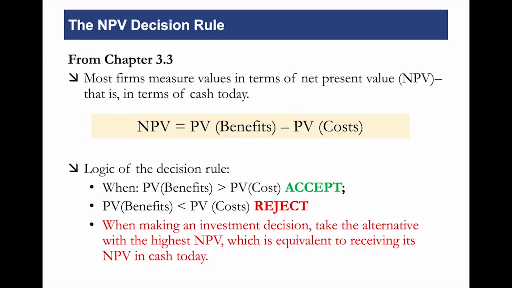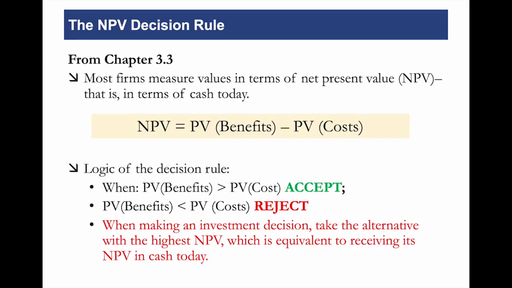So the logic behind this rule is that we accept the project when the present value of the benefits is greater than the present value of the costs. This will give us a positive net present value. If the present value of the benefits is less than the present value of the costs, then we will reject the project.